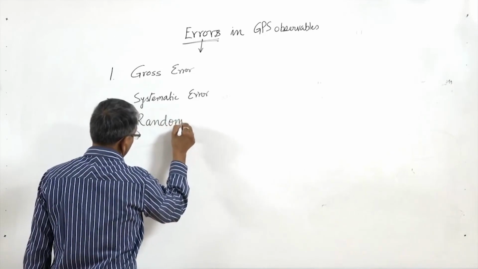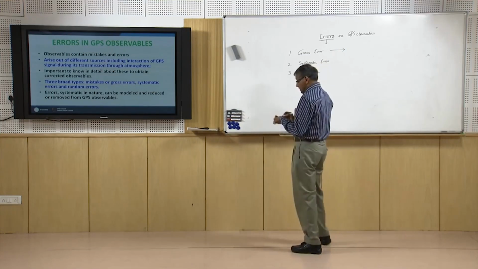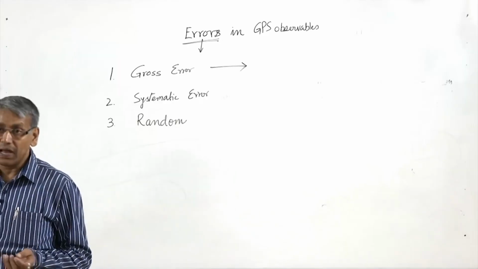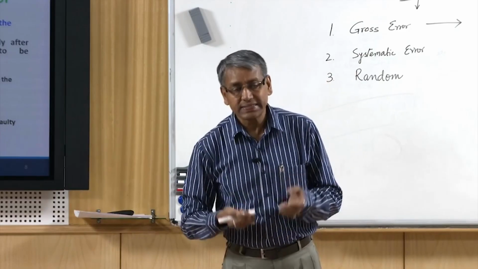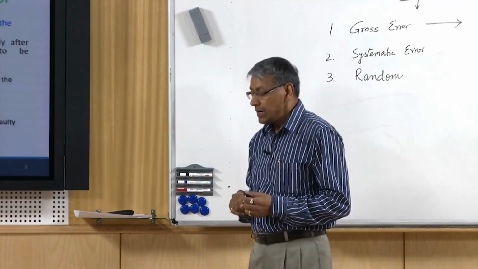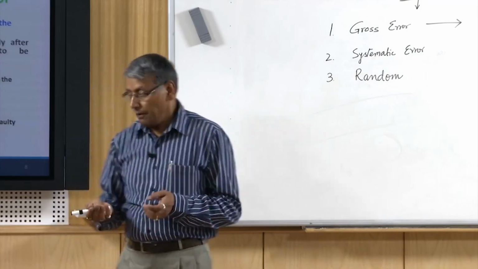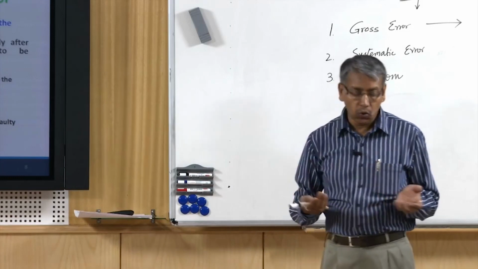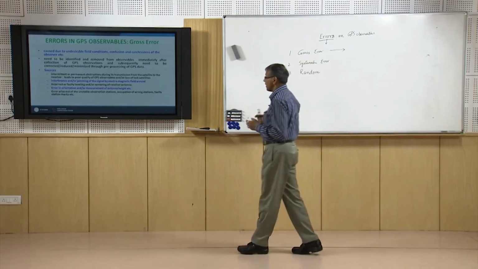random error. Now, gross errors are the errors, or sometimes we call them mistakes, that are caused due to undesirable conditions, as well as depend on the persons who are taking the GPS data, or maybe due to some other reasons which are not seen by the observer.